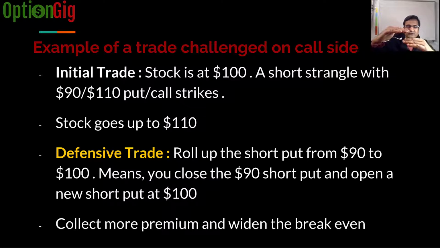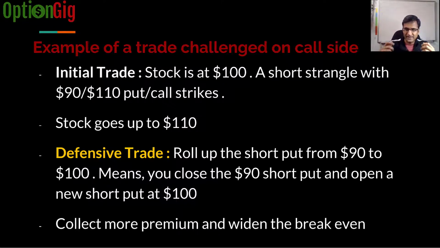Again, those nuances we can cover later, but the theme is that you roll up your put from 90 to 100. Same thing, when you roll up your put, you close your 90 put for pennies, and then you collect a lot more premium when you sell the 100 put, and net you get additional credit.